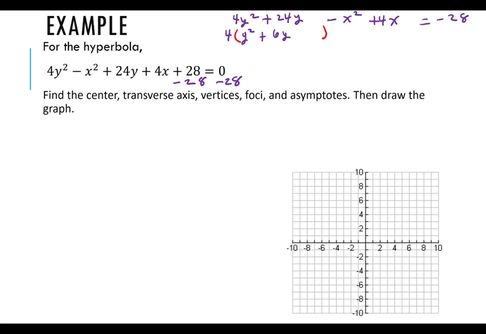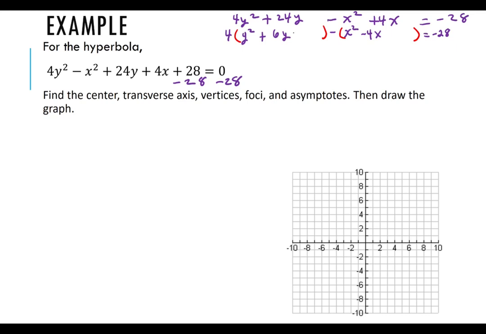But here I need to also factor out the coefficient of x squared. That's going to be minus 1. So it's negative 1 times, and here we have to be careful because x squared that was negative divided by negative is x squared, and positive 4 divided by negative is negative 4x, and this is then equal to negative 28. But you must be careful because the coefficients that are being multiplied over here on the left will have to be multiplied over here on the right.